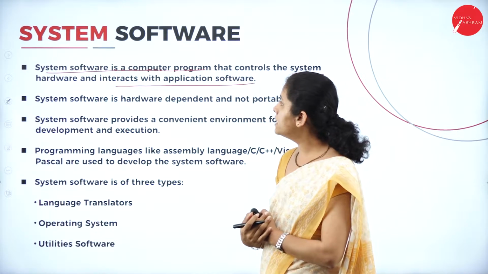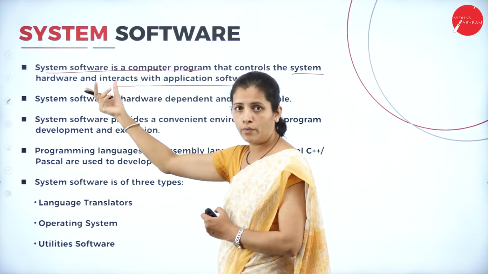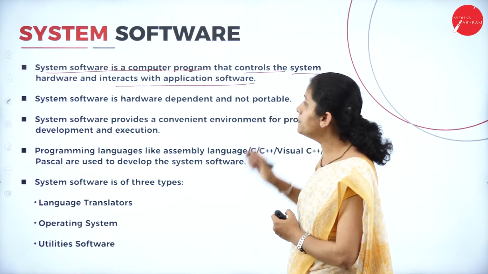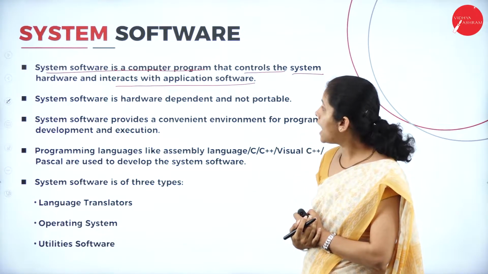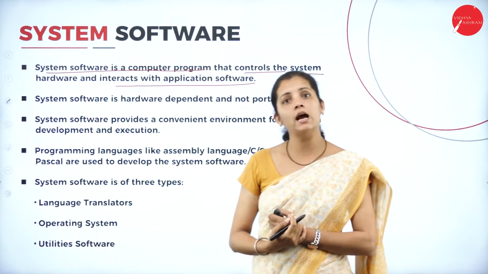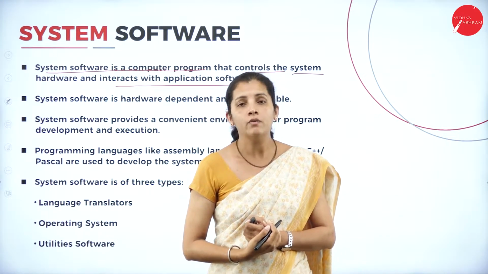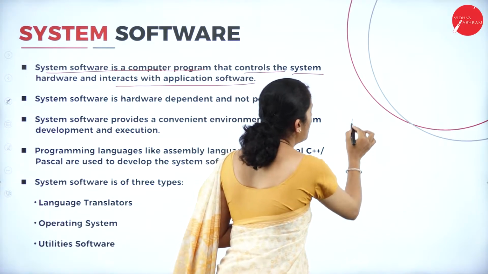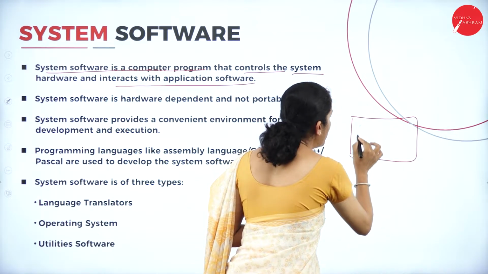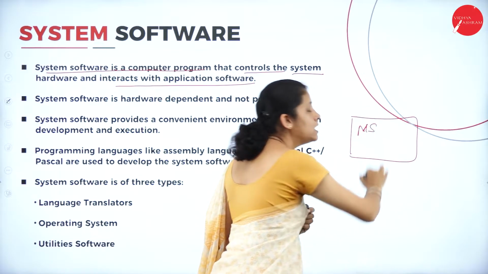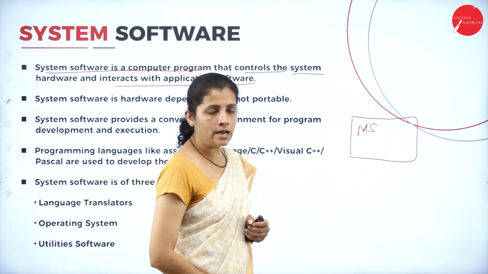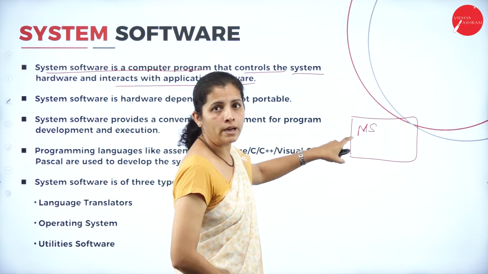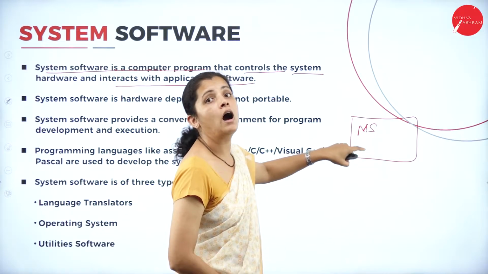So what is system software? That is nothing but computer software which is responsible for controlling system hardware as well as interacting with the application software. For example, think that, dear student, I have installed MS Word in my laptop, and if I want to enter the data in my document, I require hardware.